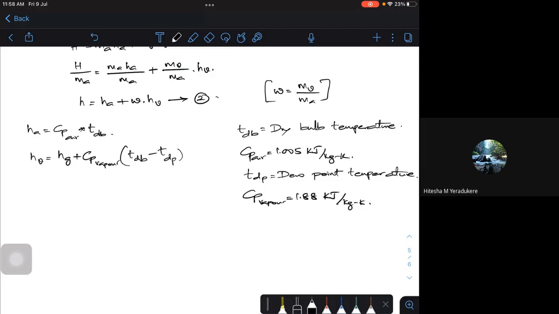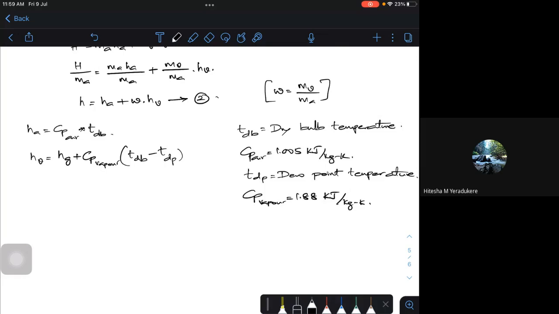So if I substitute in equation 2, h is equal to HA, which is Cp of air into dry bulb temperature, plus omega into Hg plus Cp of vapor into dry bulb temperature minus dew point temperature. This is what I am going to get.